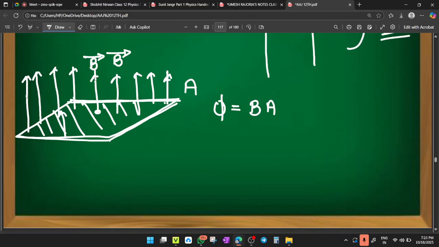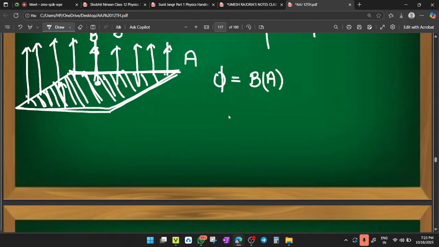From one point, if the magnetic field passing is equal to B, then by the total area, the total amount of flux equals B multiplied by A, right? You make it A times, so you will figure out the total amount of flux passing through that surface. Understood or not? Yes. So phi is equal to B into A.